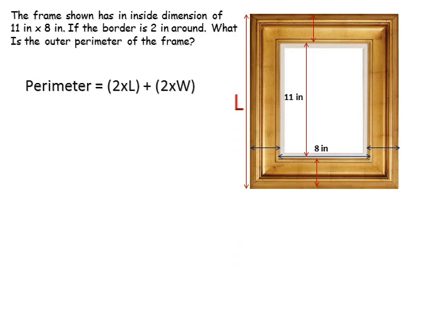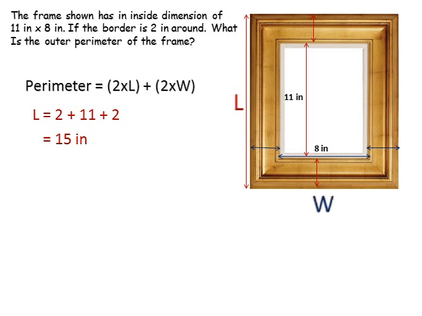That length is equal to 11 plus 2 of those wiggly red arrows. So your total length is 2, the border from the top, plus the 11 inches, plus the border at the bottom. So that is 15 inches. That's the total outer length of your frame.